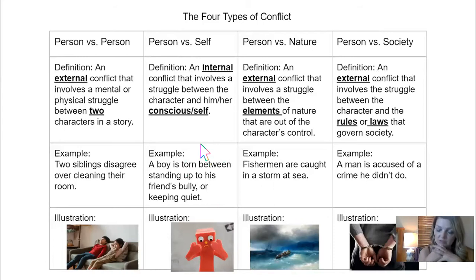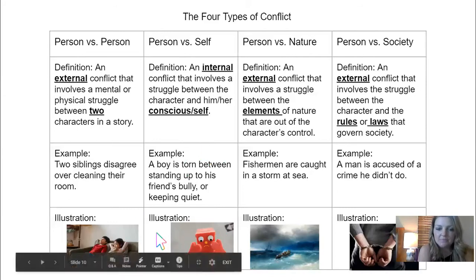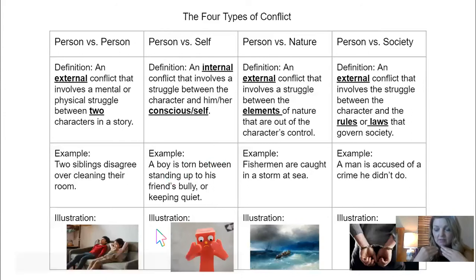Like, do I help this person or do I just stand by and hope that it resolves itself? Which we know we should definitely let somebody know if behavior like that's going on. But that would be an internal struggle. So I have this little character down here who looks very concerned and very worried and upset, right? Person versus self.